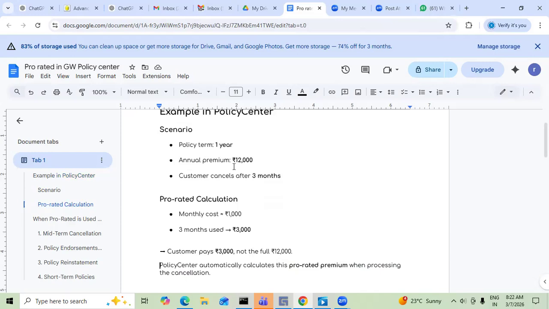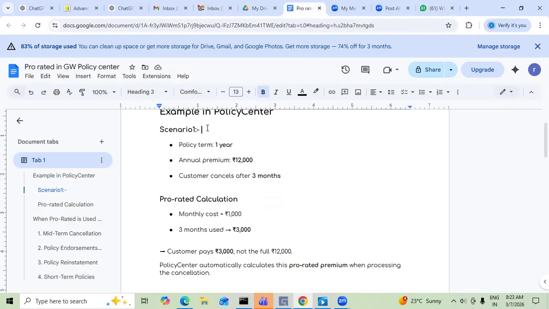Based on that, the policy cancellation will be done and the refund will be initiated. That is prorated condition number one. If the policy is cancelled and the customer has paid the full premium, we need to initiate the refund.